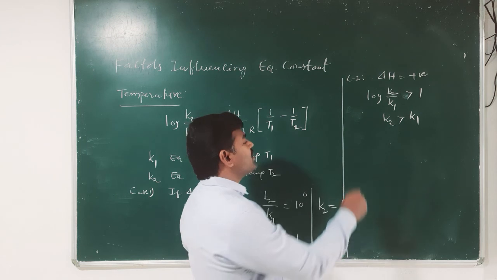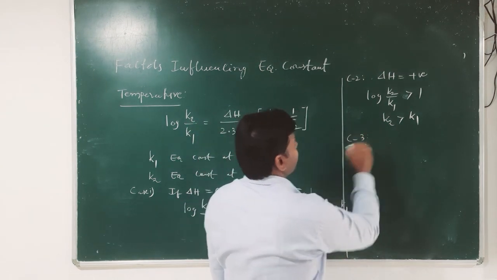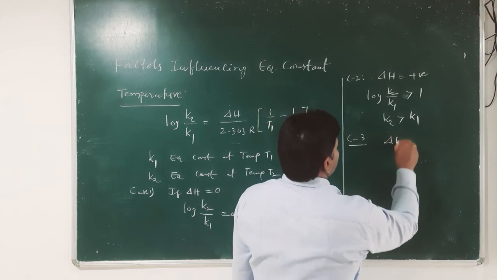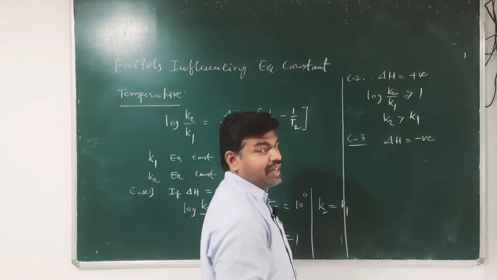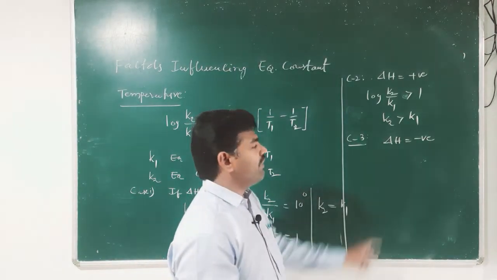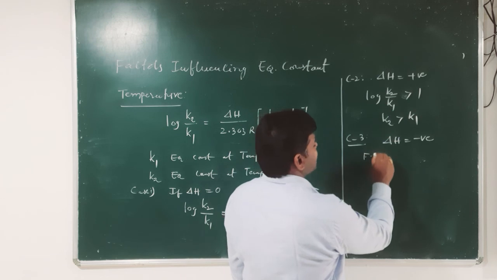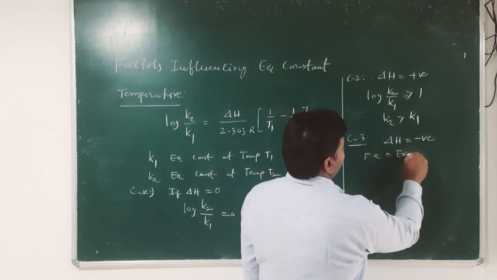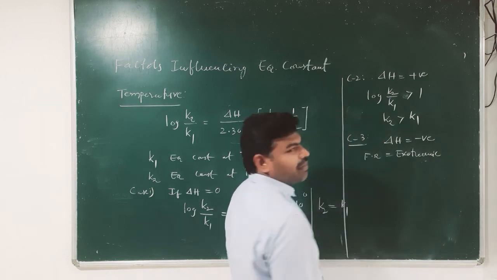Next, case 3: delta H is equal to negative. That is, the forward reaction is exothermic. When delta H is negative, the forward reaction is an exothermic reaction.